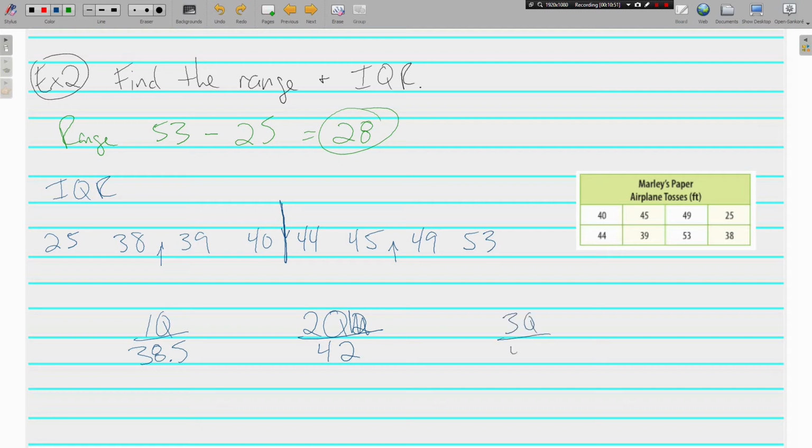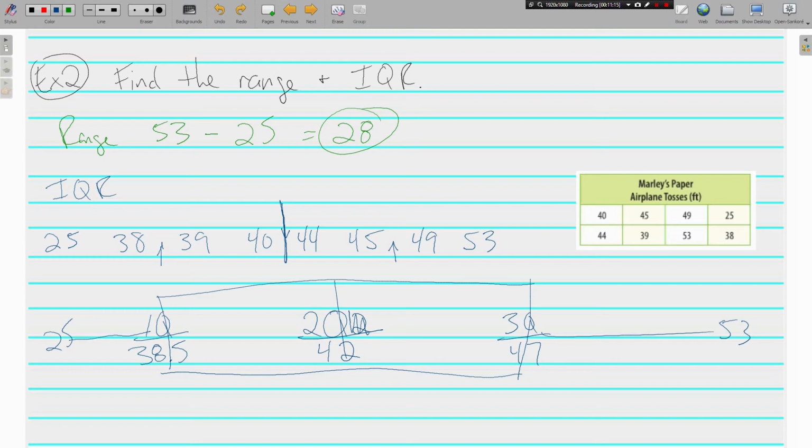That is 47. Okay, so these are the 3 numbers that split our data into 4 parts. All right, on the next screen, we're going to make a box. And then we'll have whiskers going out to our upper extreme and our lower extreme.